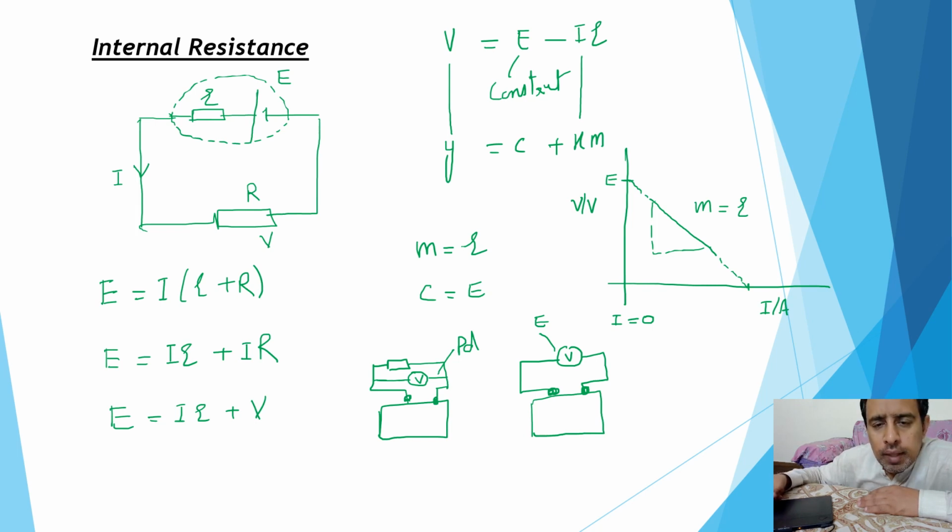Now, on the next slide, if you have V is equal to E minus Ir, then this E is always constant.